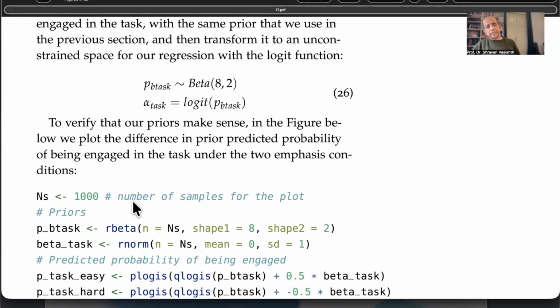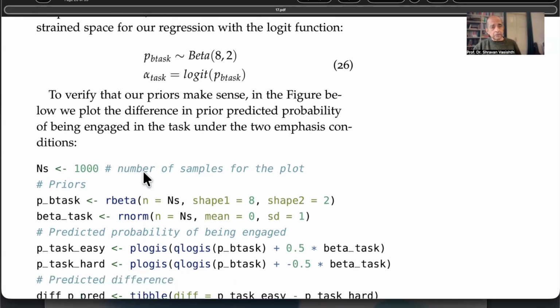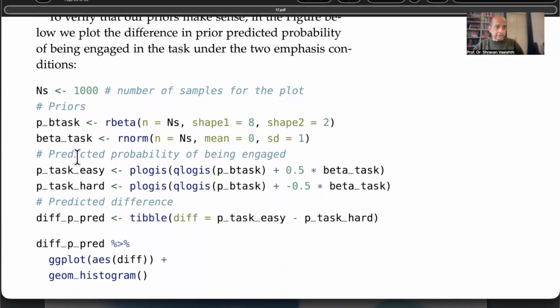Having defined all these priors, we now are in a position to check if the priors make any sense, right? We can do that by generating some data. So here, what's happening is, sorry, this is not defining a prior, we are simulating data here. You're simulating data from a beta distribution with two parameters, the a and b parameters, which are called shape1 and shape2 in R, and we are producing 1000 probability values here, okay?